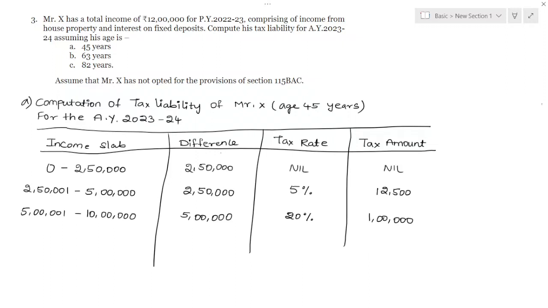Again 10 lakhs 1 rupee to 12 lakhs. Difference is 2 lakhs. Correct? What is the tax rate? 30%.